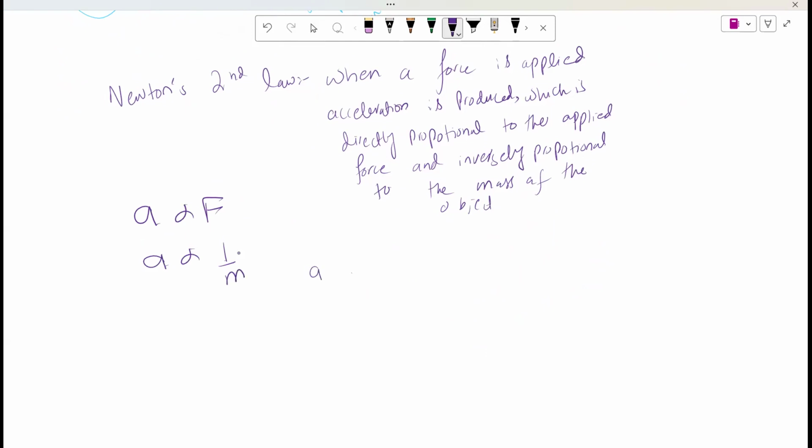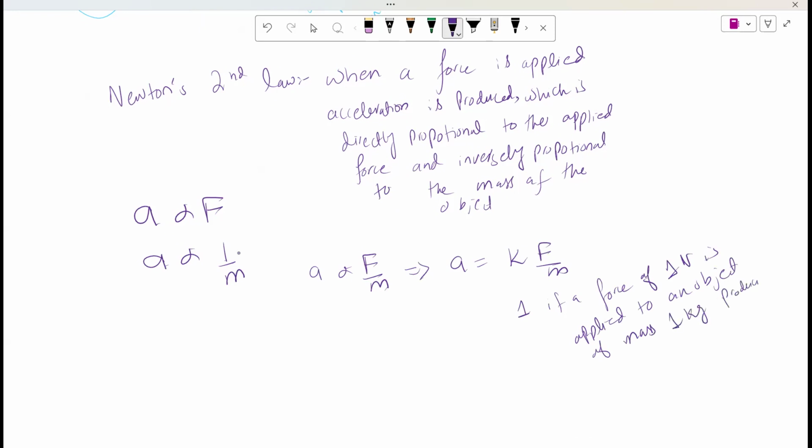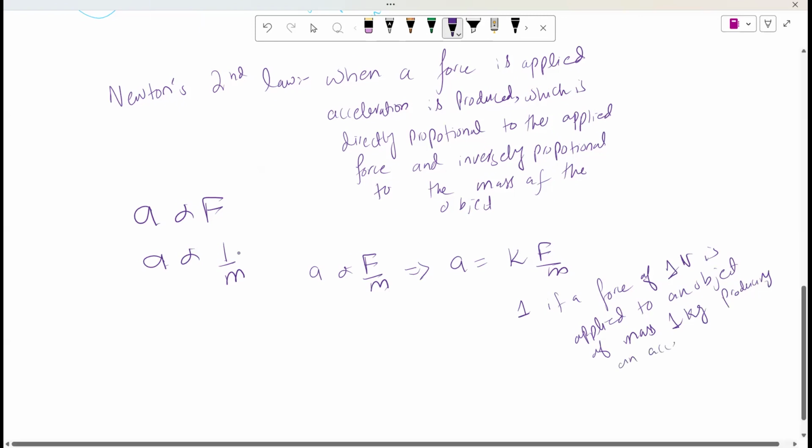So when we combine these two relations, we get F over m. And when we remove the sign of proportionality, we get a constant. The constant would be 1 if a force of 1 Newton is applied to an object of mass 1 kilogram, producing an acceleration of 1 meter per second square.